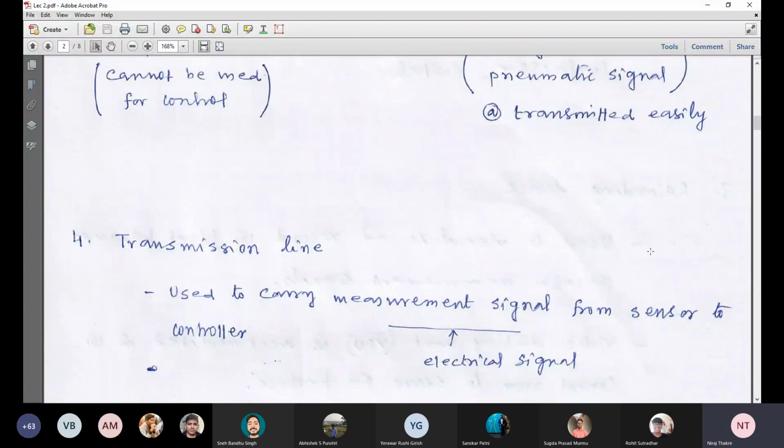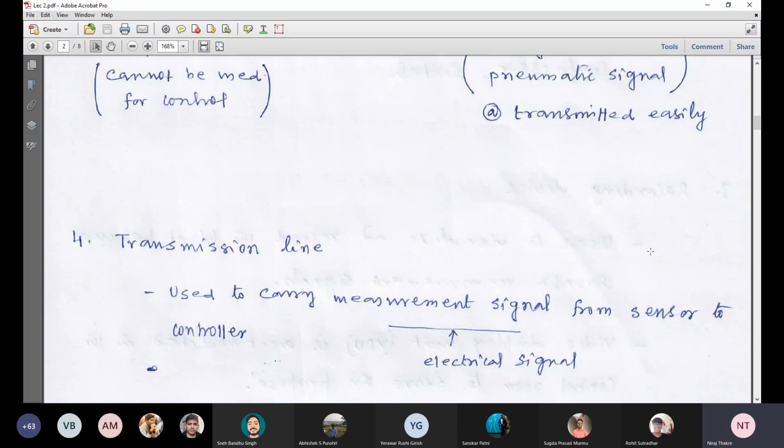Next is transmission line. So we have measured the temperature. We have converted it to, suppose, voltage. Now we want to transmit that voltage from the measuring sensor to the controller. So for that we need a transmission line. I repeat, say we are measuring the temperature by a measuring sensor.